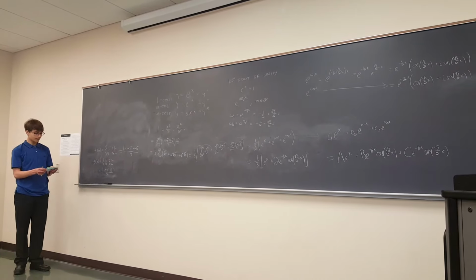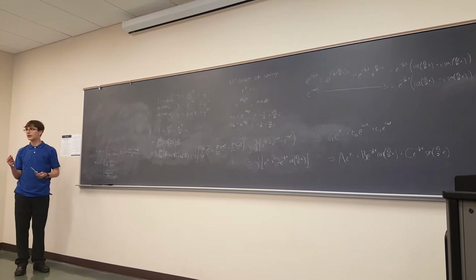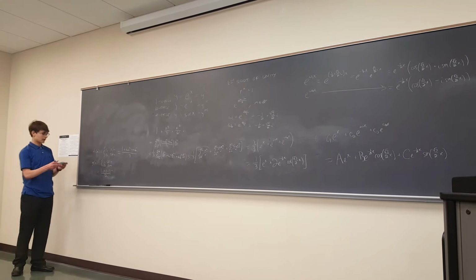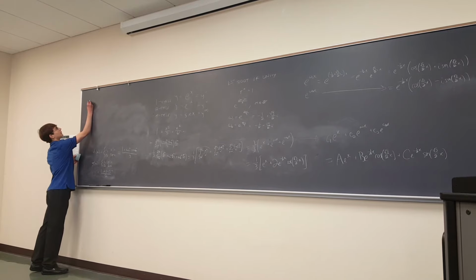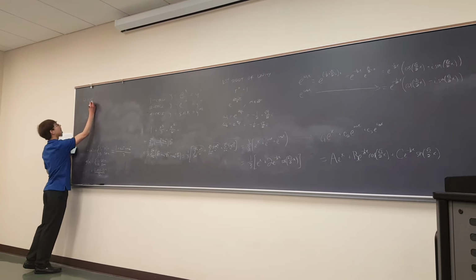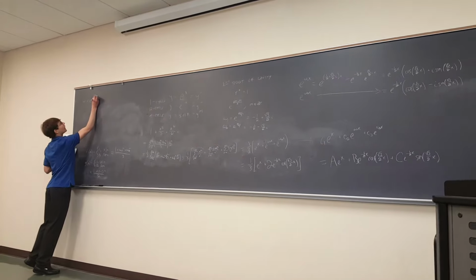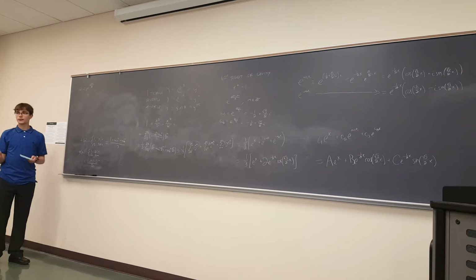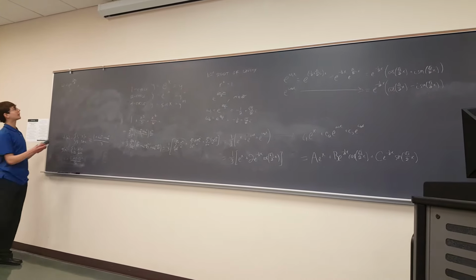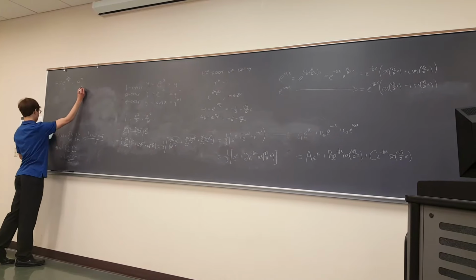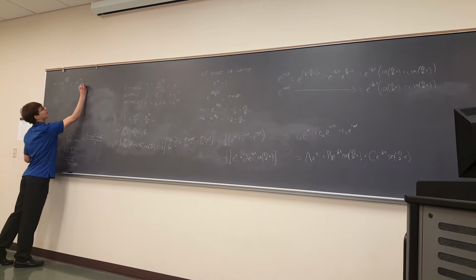So, 2 properties that we need to know about kth roots of unity. One is if we let omega equal e to the 2 pi i over k, then all of the other roots of unity you can describe as omega to the m, where m is an integer.